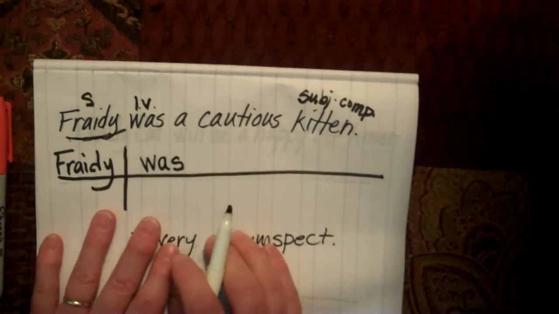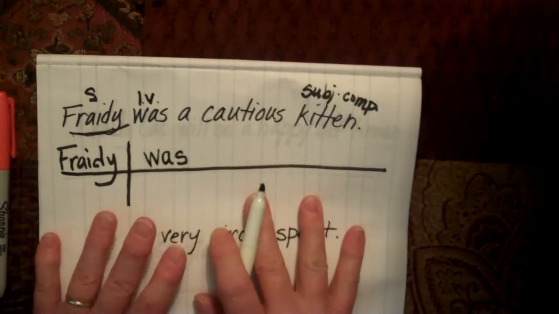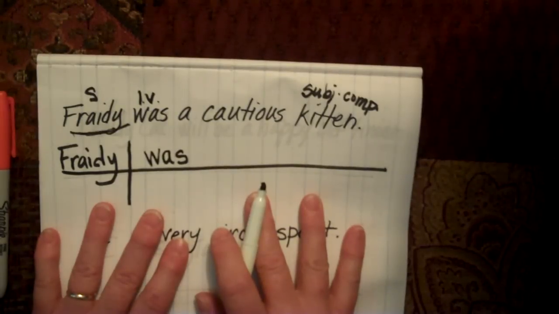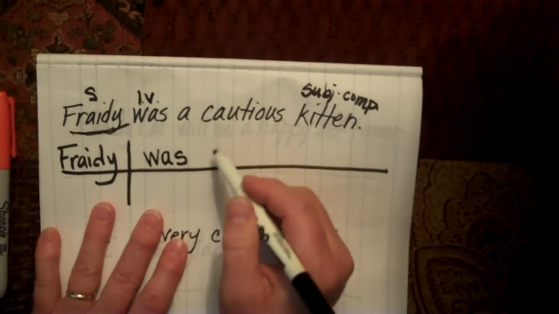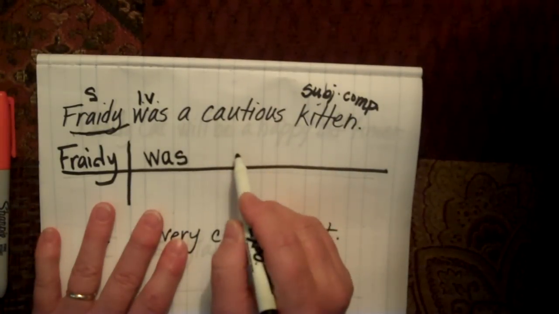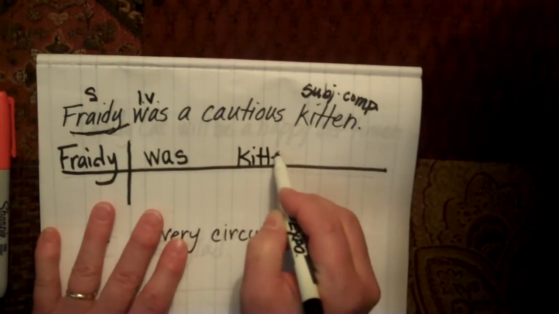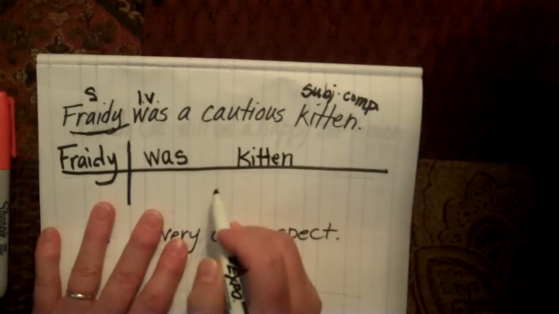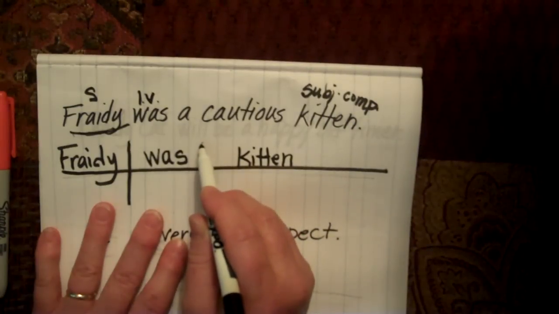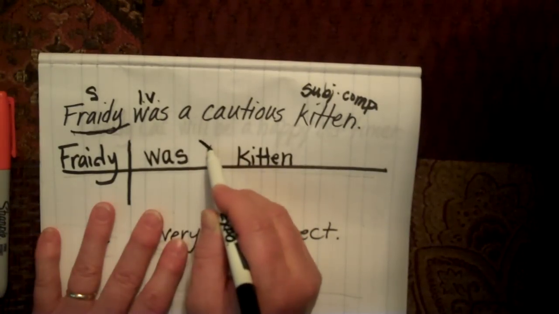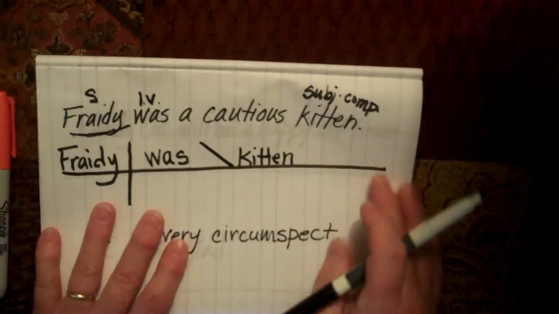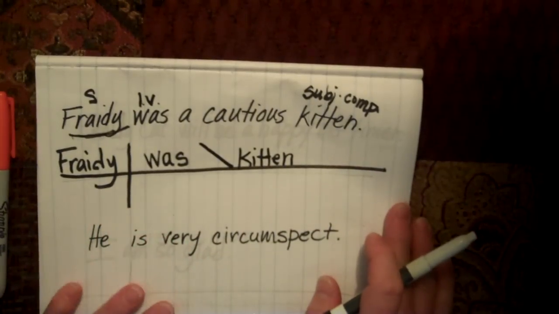Fraidy was kitten. Well, where are we going to put it on the line? Where are we going to put it on the water? The subject completer goes here like the direct object does, but the line that separates it from the verb is different. It's a slanting line. Can you think of why it would be slanting?